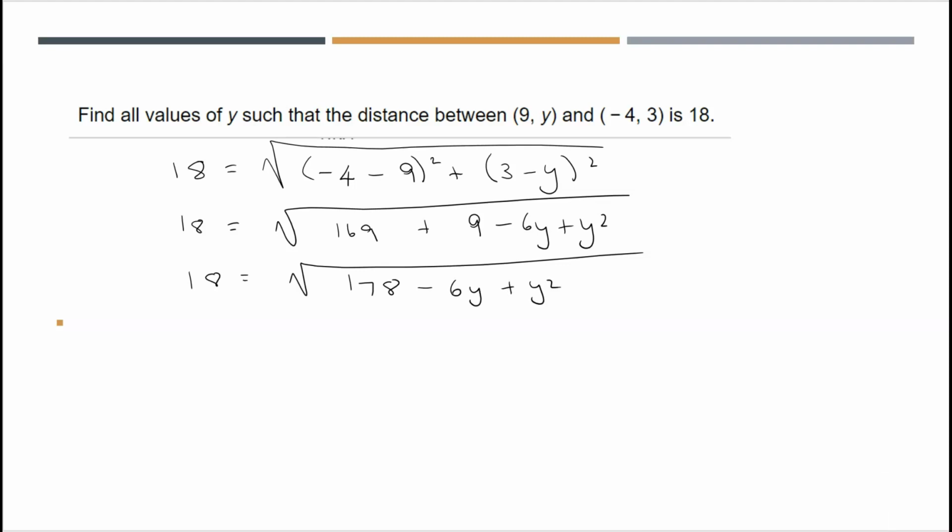I need to get rid of my square root sign. 18 squared, I actually use my brain, is 324. Is equal to 178 minus 6y plus y squared, and I'd want to be rearranging that so that I've got a quadratic.